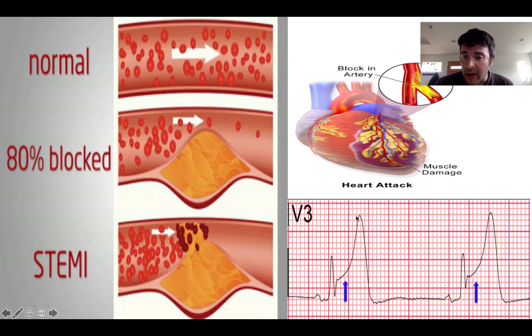The mechanism behind an ST elevation, the reason that the T wave is elevated here, is because in order for these cells to maintain resting membrane potential, they need to have the sodium-potassium pump working. If no blood is getting to that tissue, the sodium-potassium pump stops working.